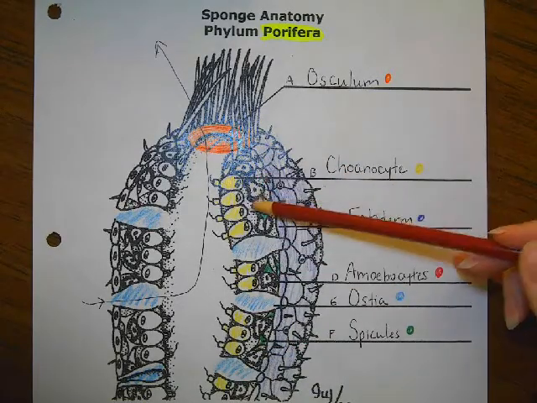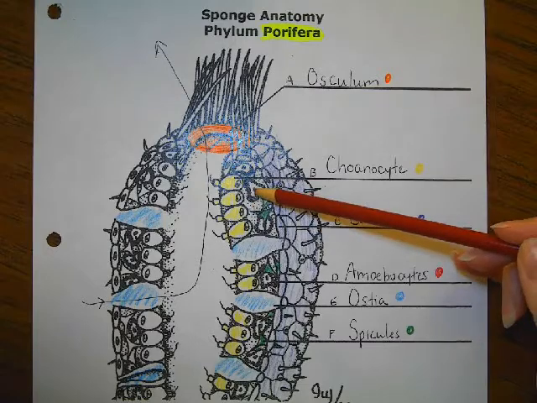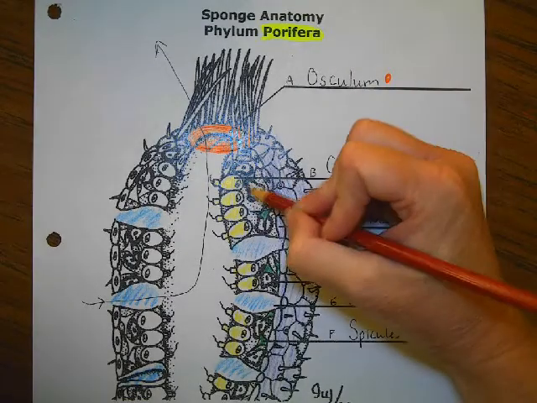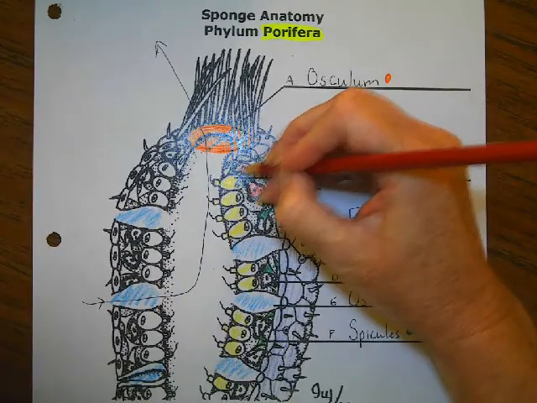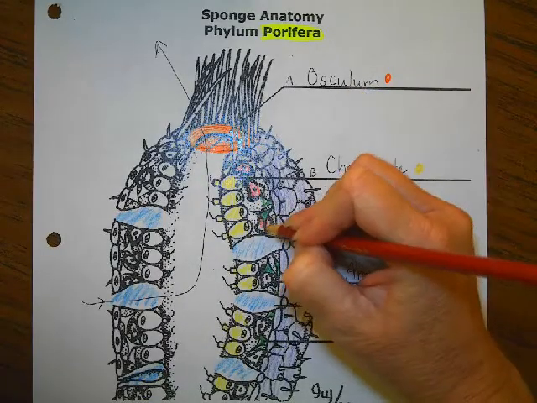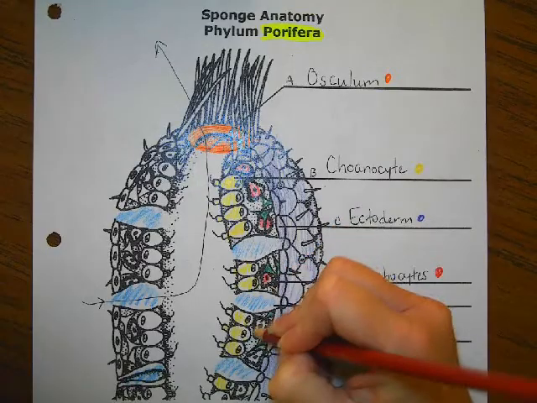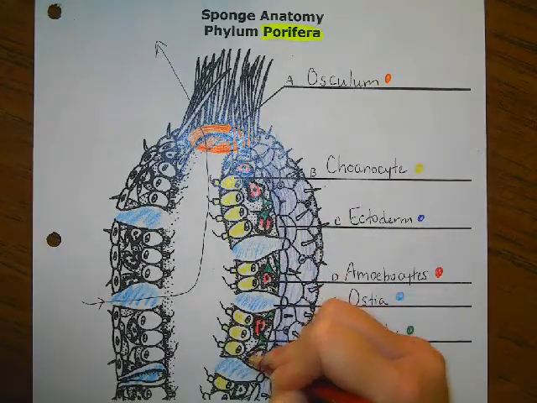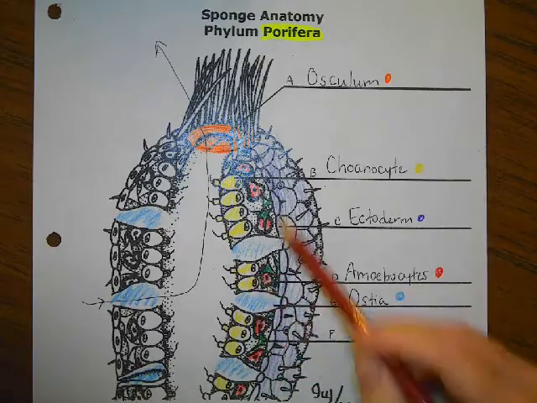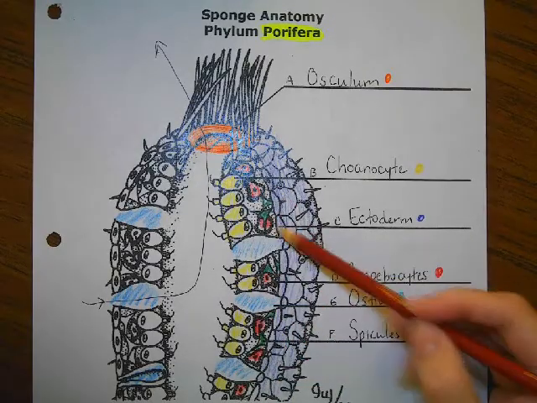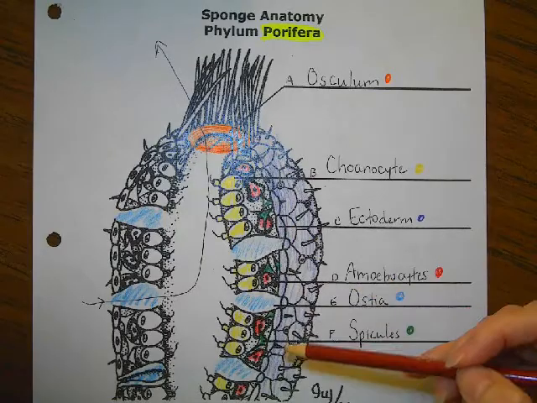And so we're not really going to color the mesoglea, but we are going to color these cells here, and all of these are amoebocytes. So within the mesoglea we have amoebocytes and we have spicules, and these amoebocytes are going to be able to move around. They pick up food from the choanocytes, and they're able to move around within the mesoglea and maybe give some nutrients to the cells that make up the epidermis.